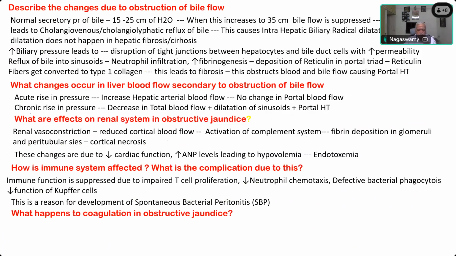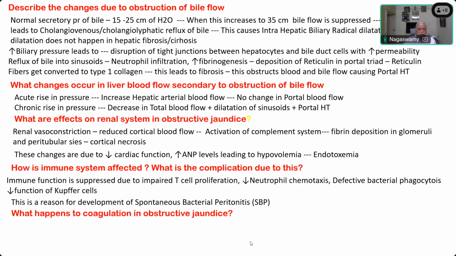It will decrease very rapidly within 24 hours once the disease is set in. Whereas albumin takes a long time. Why? Half-life of albumin is 21 days, sir. Excellent. There is a long storage. So for albumin to decrease, it takes at least 3 weeks. So it is a slow marker, but once it is established, that is also a good indicator of the liver disease.